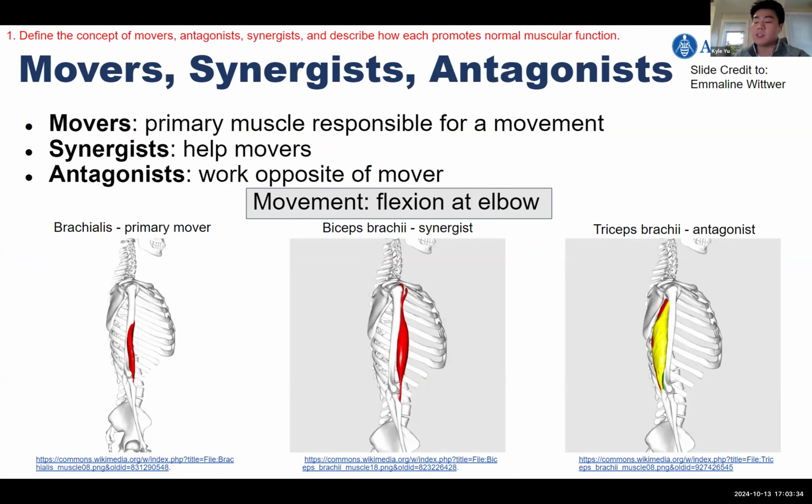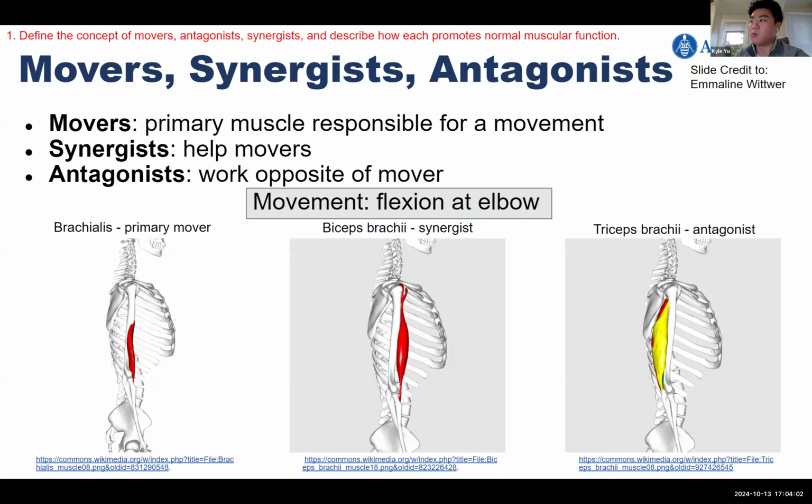So in this case, using the example of flexion at the elbow, your brachialis muscle will be your primary mover. You then have your synergists, which assist the movers, and synergists themselves may be primary movers in other functions, but for certain functions, they may be synergists. So in this case, it'd be the biceps brachii muscle, and that would be synergistic to the brachialis muscle to help with flexion.